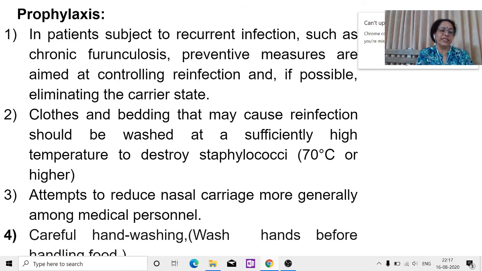That is, this much temperature is sufficient to kill this organism. Attempts to reduce nasal carriage more generally among medical personnel. Careful hand washing, that is, washing hands before handling food, is also important.